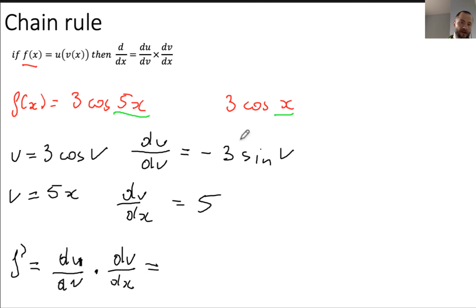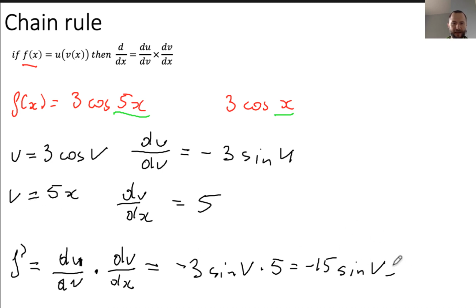So let's put the values in: minus 3 sine v, multiplied by dv dx, which is 5, so that's minus 15 sine of v. But there is something that I can change here, because I know that v is equal to 5x, so I can replace v in this expression with 5x, and that will give me the final expression equal to minus 15 sine of 5x. And this is the derivative of this function of a function.